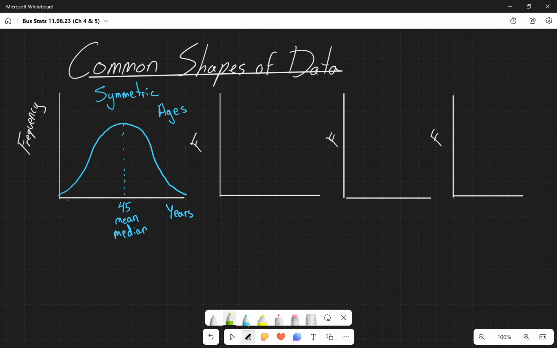Now, if we were to take a look at our positively skewed distributions, we would have something that looks like this. So positively skewed or skewed to the right is something that looks like this. Actually, let's do a little bit better of a job. There we go. So this is going to be a positive skew or a skew to the right.